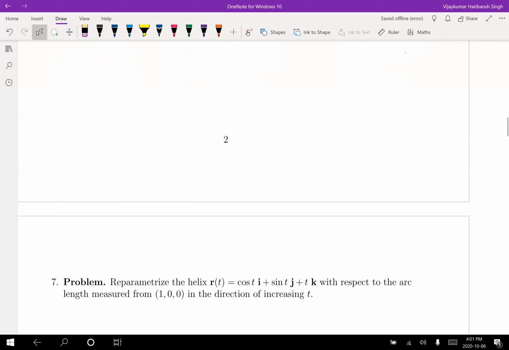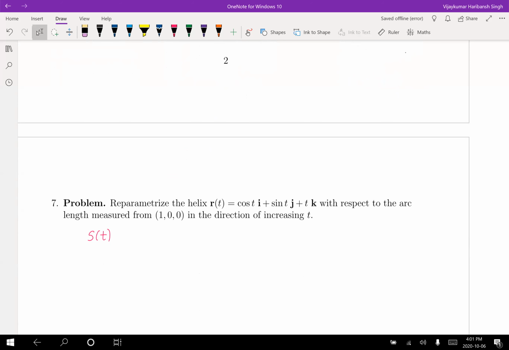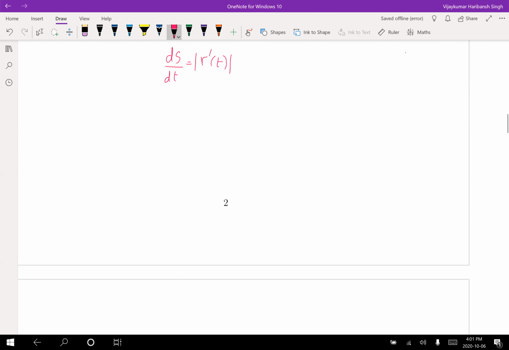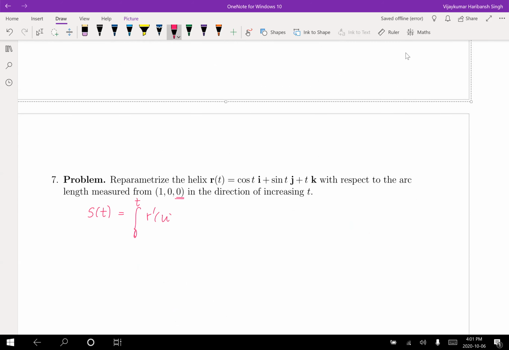So s of t is equal to the integral from 0 to t, because you're starting from t equals 0, of the absolute value of r prime of u du. We don't want to use the same variable as there.